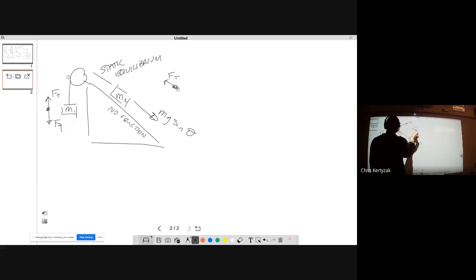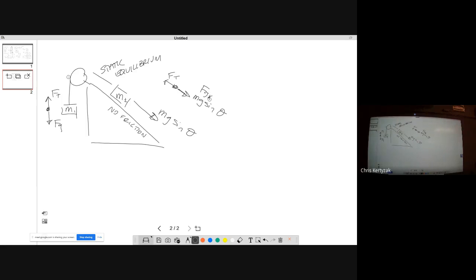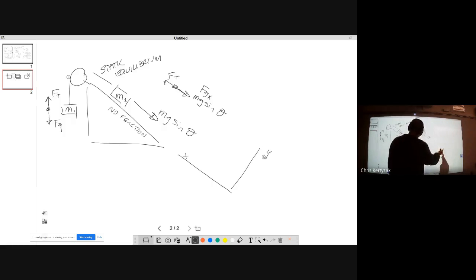And mg sine theta, which is pulling him down, which we usually would just call FGX, would also have to be equal to FT for him, because the forces on him along that x-axis, which goes this way, should be canceling. Does he have a normal force being applied to him?